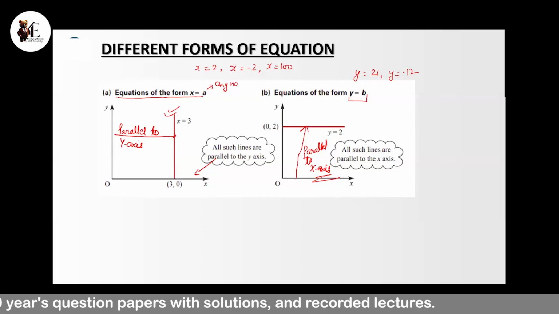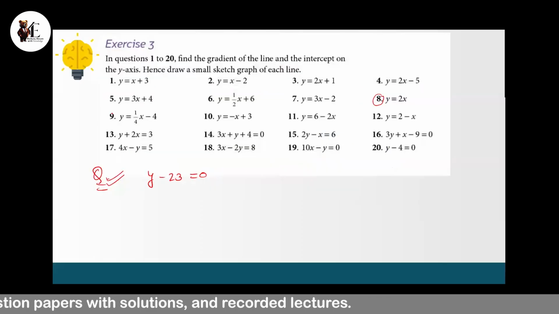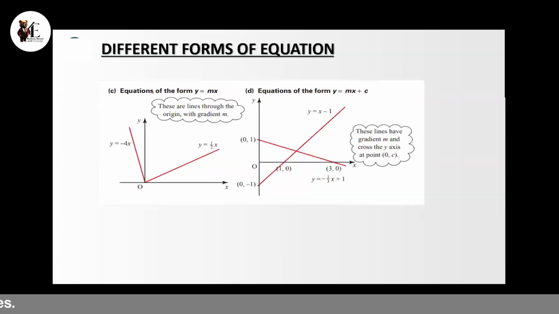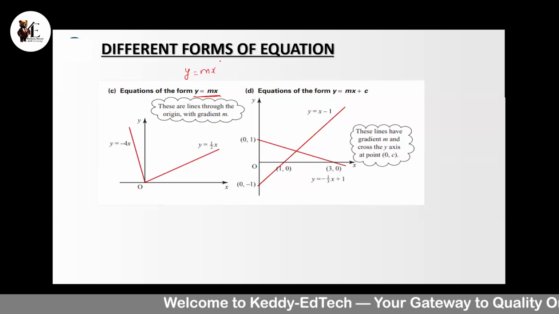Have you drawn the graphs also of these questions? Yes. Okay. Then next is if the equation is of the form y is equals to mx. So y is equals to mx means there is no y-intercept, because y is equals to mx plus c.